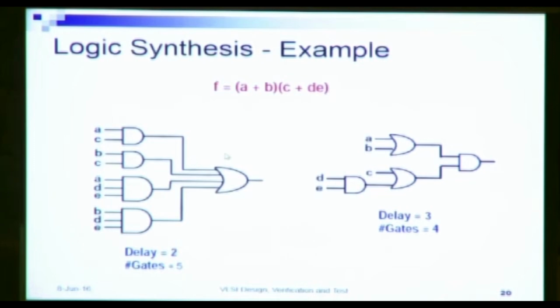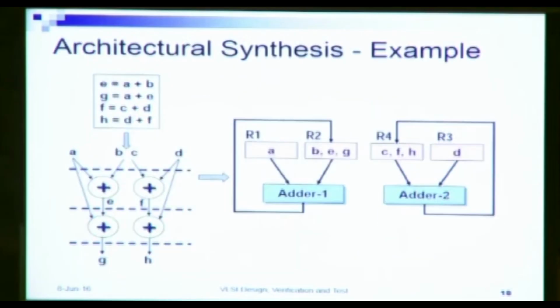We can also do such optimizations at the architectural level, and such optimizations will therefore be called the macro level optimizations of the circuit. For example, if we take this example, for this realization, we require 2 adders. We could easily have done a serialization and done this whole thing using 1 adder in 4 time steps.